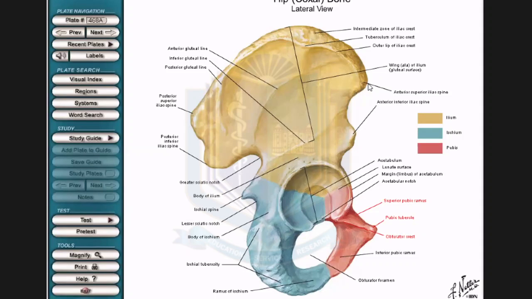Anterior border, starting from first we talk about the iliac crest. That is the upper thick margin or thick border of this bone, and that is present in the form of an S. And that means in the anterior part it is concave forward or convex forward, outwards.